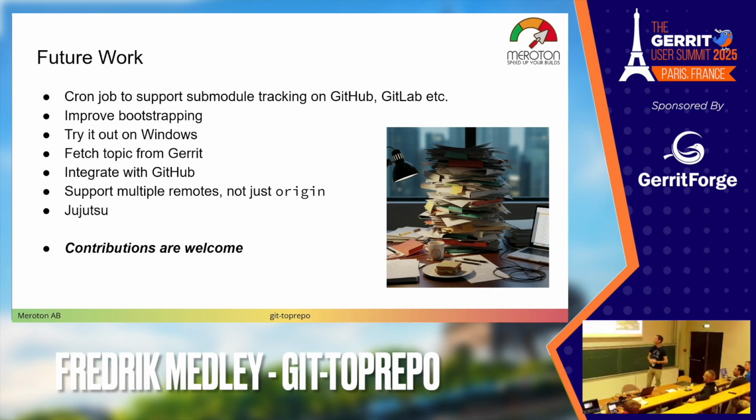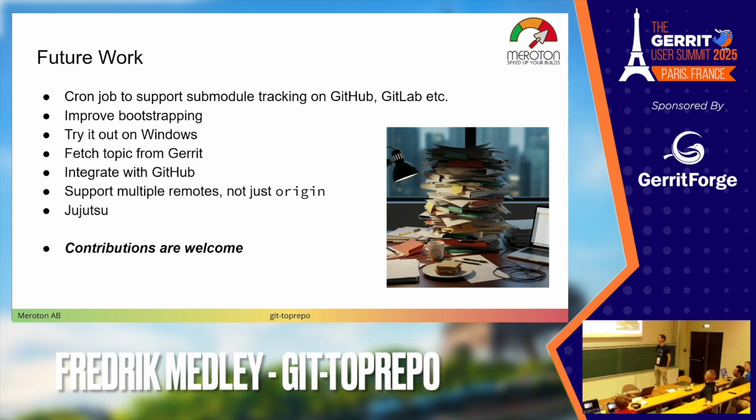Improve the bootstrapping a little bit, try it out on Windows. I haven't tried it, even though I have a Windows laptop here. I never use Windows when writing code. We want to have a command, git-toprepo fetch and a topic. That's not there yet. What else? Maybe someone uses both origin and some other remote.